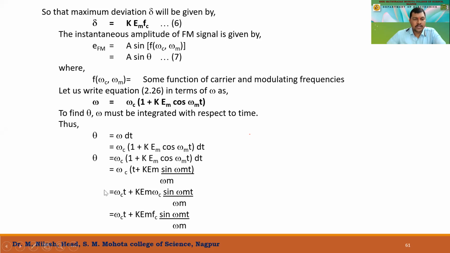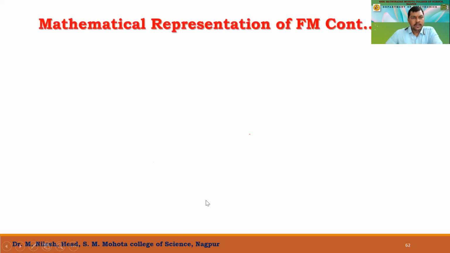If we resolve it again, we can have omega c t plus K Em fc, where we have replaced omega c by fc, over fm, into sine omega mt. Further resolving it, we have omega c t plus del sine omega mt over fm, since del is equal to K Em fc.